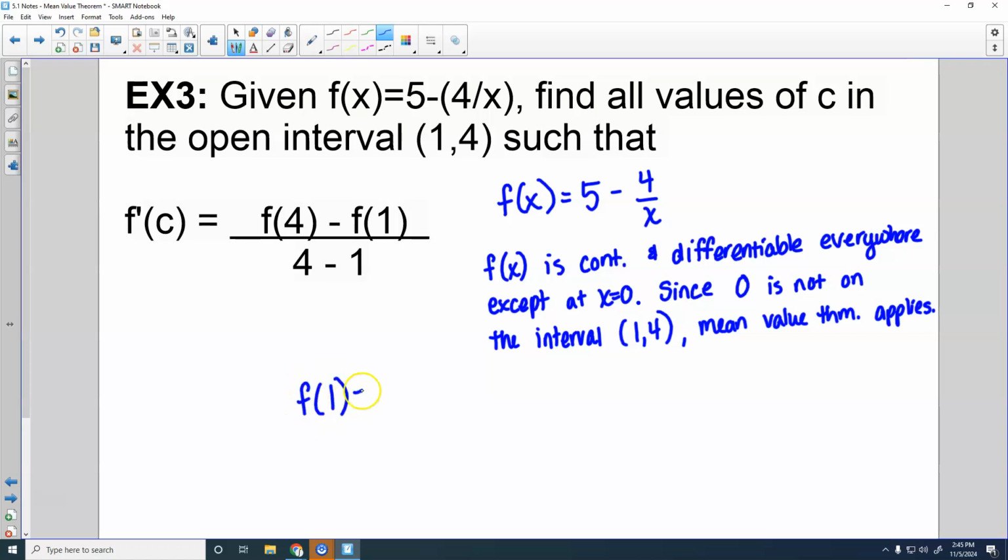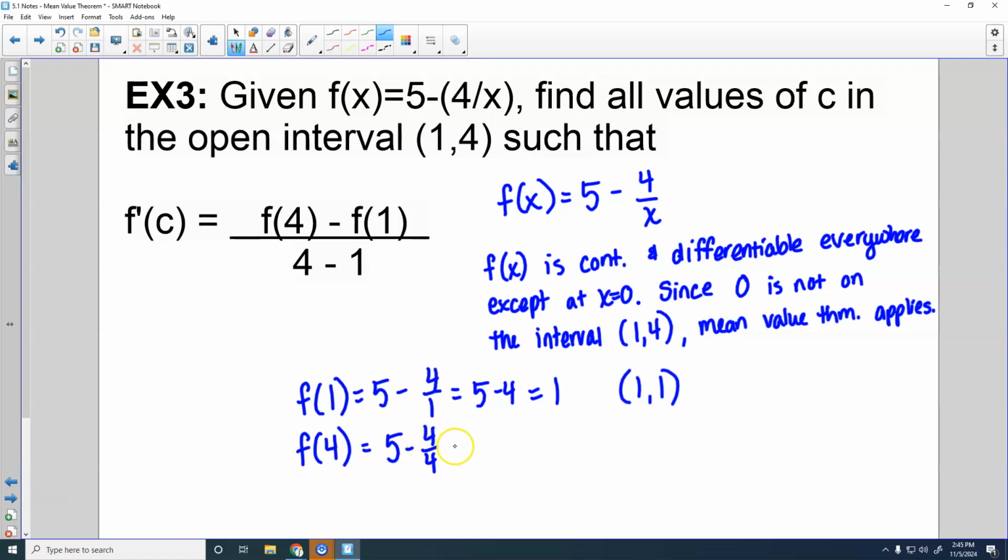So we'll do f of 1, which will give us 5 minus 4 over 1, which is just 5 minus 4, which gives you 1. So we've got the point 1, 1. And then we need to do that same thing with 4. So that will be 5 minus 4 over 4. And that'll be 5 minus 1, which gives us 4. So we've got the point 4, 4.